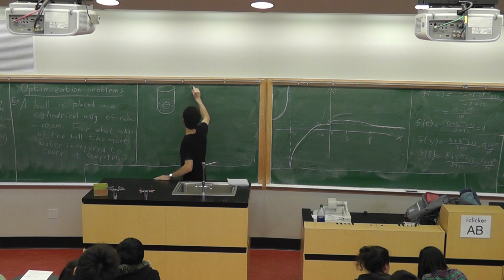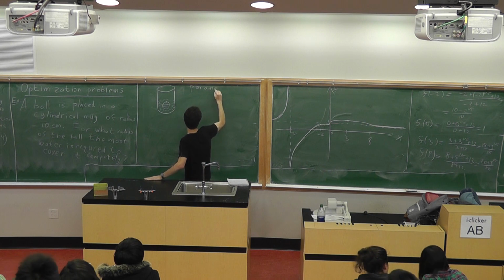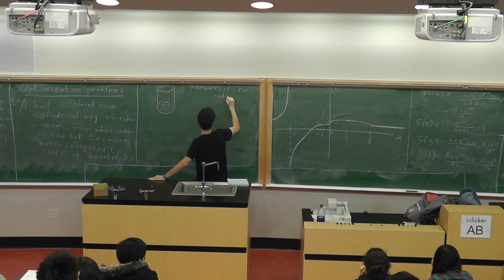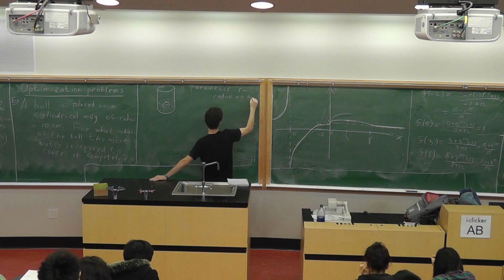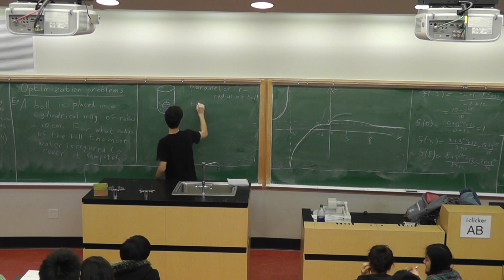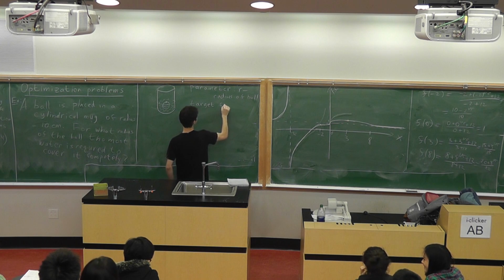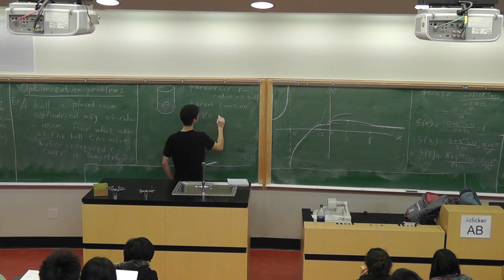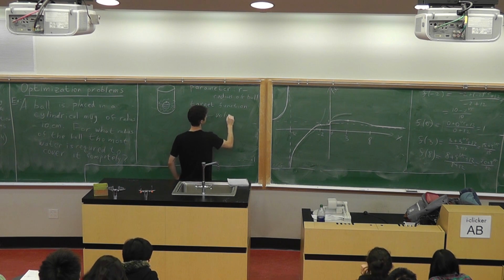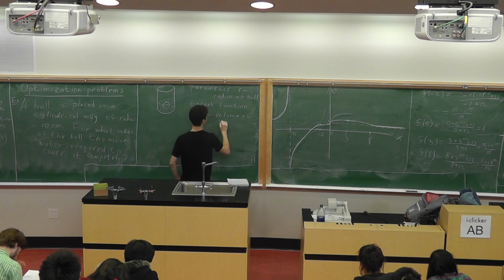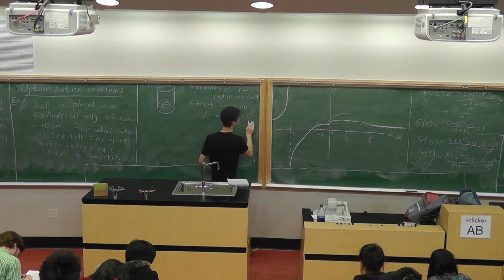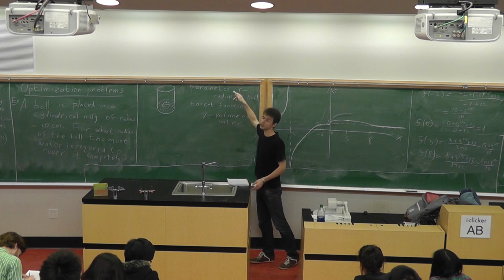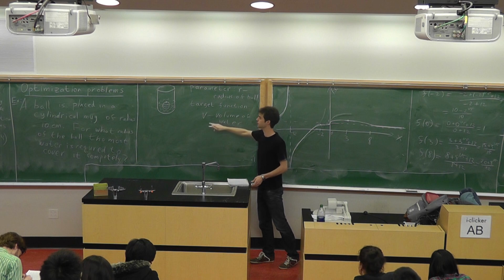So a parameter here will be the radius, and the target function will be volume. And we want to maximize volume, find the value of R which maximizes the volume.